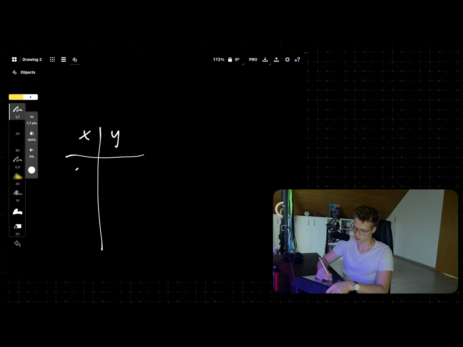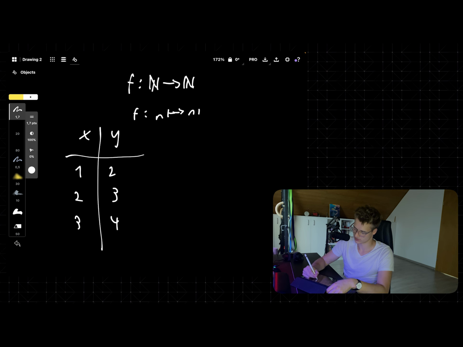And then we say 1 becomes 2, 2 becomes 3, 3 becomes 4, and so on and so forth. So this would be for the function from natural numbers to natural numbers with the mapping of n becomes n plus 1. Okay, so as you can see, nothing special.